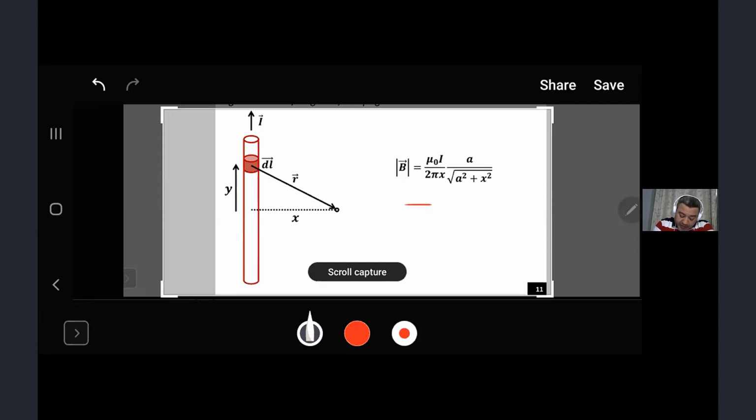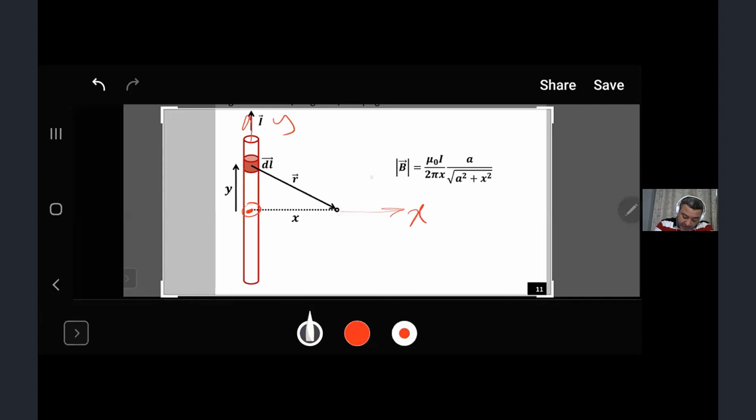Now, here was the magnitude, and we said that the direction for the magnetic field is usually perpendicular to the plane that has the vector r and the differential element dl. So if I assume that this is the x-axis and this is the y-axis as well, this way z would be out of the screen. Then I can look at x here.